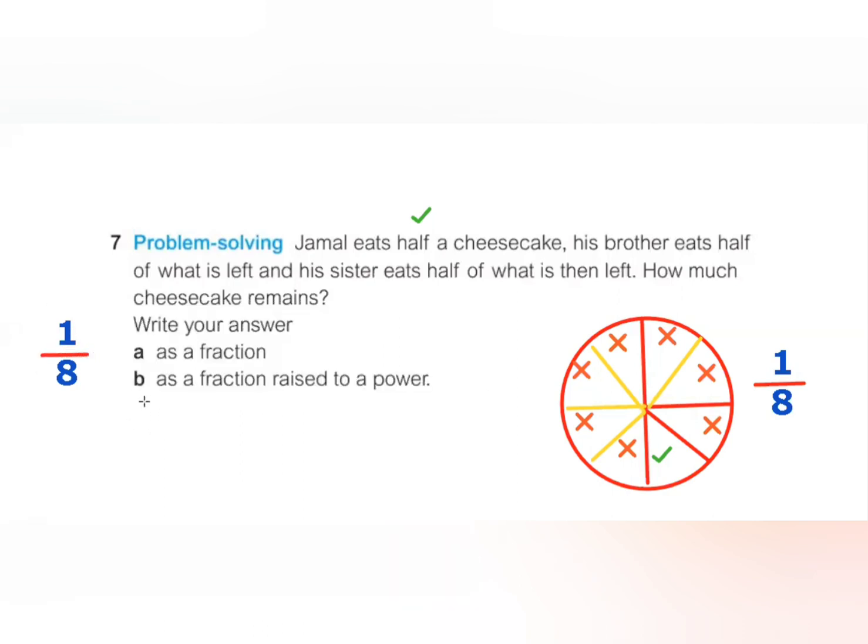Now, we did the fraction. Now, we need to write it as a fraction raised to a power. To write this as a fraction raised to a power, it means we're going to follow the same steps that we did in question 6. As we said, first, we're going to use the square root and the cube root. And we're going to check which one is used better with the numbers without giving any decimals.